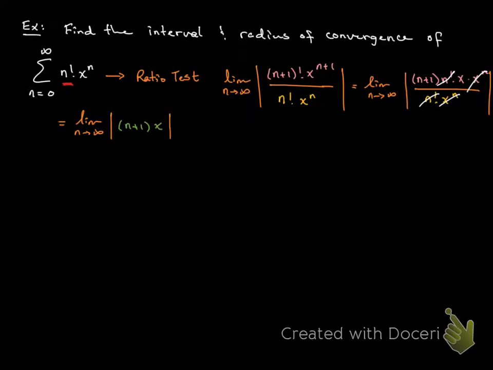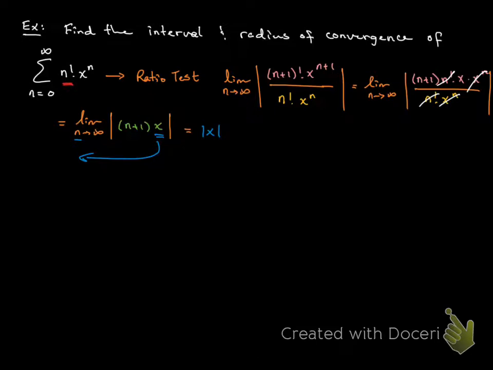Okay, this is the important bit. Because what happens here is I'm taking a limit as n goes to infinity. X has nothing to do with n. X is considered to be a constant in terms of n. So what I'm able to do is take this x out front and write it in absolute value. Right? I can't just pull it away for free.